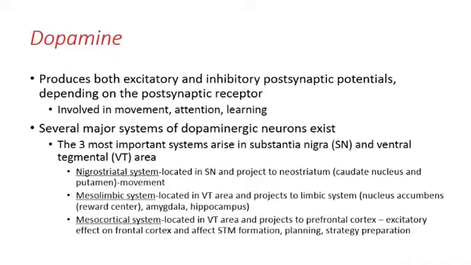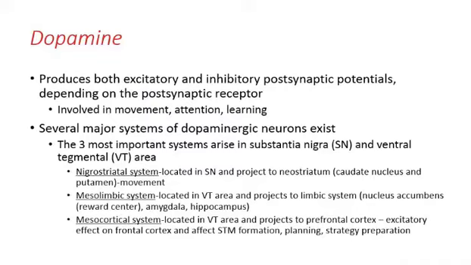And the three most important systems arise in the substantia nigra and the ventral tegmental area. So we have the nigrostriatal system. Now again, the naming convention is nice because the first part of the name tells you the origin, where the neurons start, and the second part of the name tells you where the neurons project to or end up.